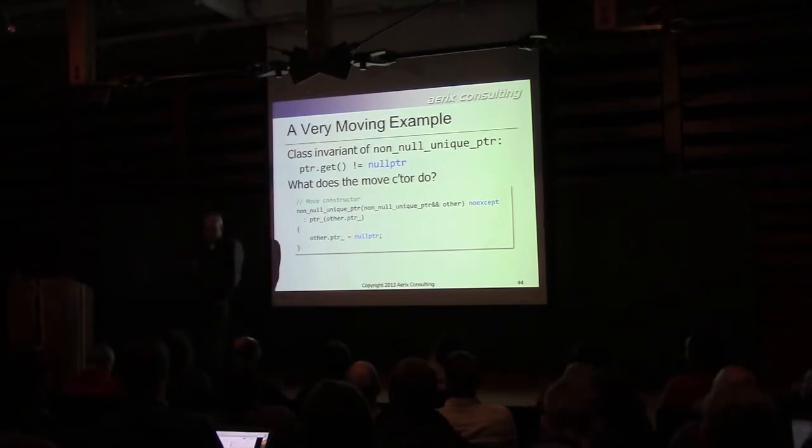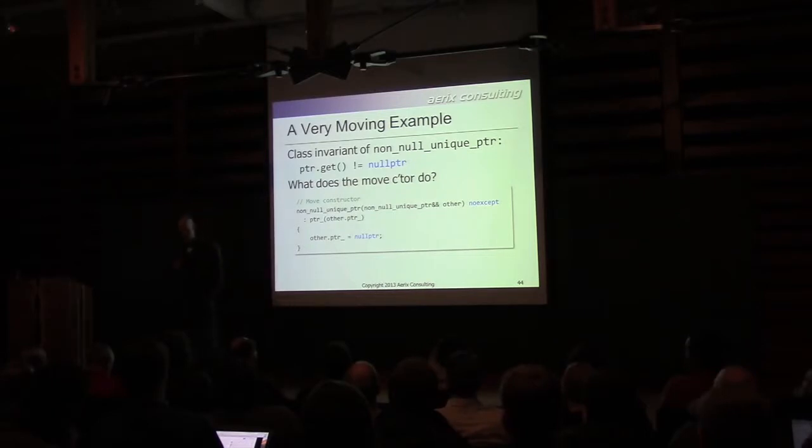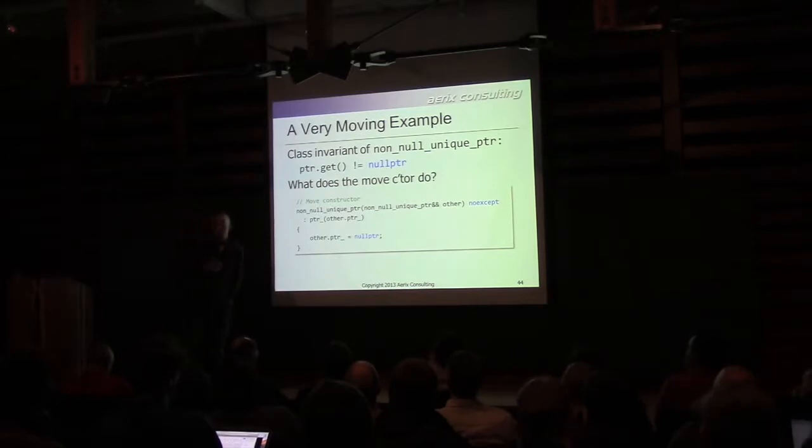When choosing invariants and preconditions, there are a couple of things to think about: what are my users going to expect from a type named non-null unique putter? It's also, how hard is it to document this type? Because if the documentation is difficult to write, then the class is difficult to use.